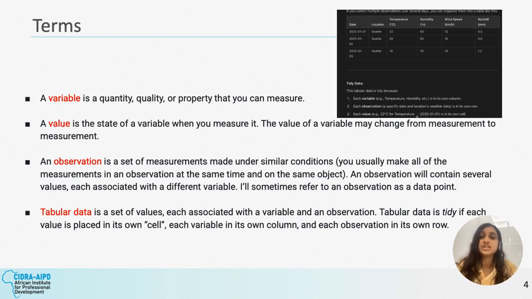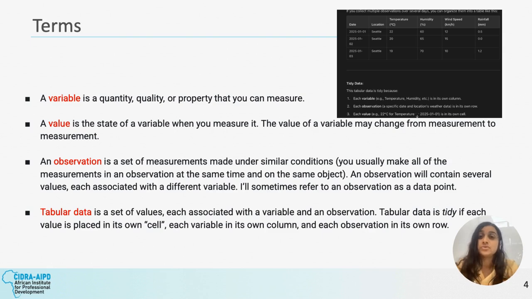An observation is a set of measurements made under similar conditions. An observation will contain several values, each associated with different variables. I'll sometimes refer to an observation as a data point. Up here you can see a table of different variables: temperature, humidity, wind speed, and this is an example of an observation.